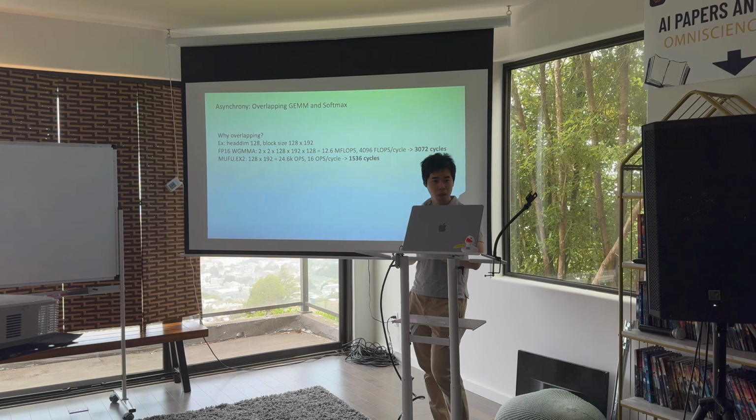Here's an example. I won't go into the details, but because the tensor cores are so fast, I think they can do around 4,000 operations per cycle per streaming multiprocessor, because these are specialized hardware units, essentially systolic arrays, to do matrix multiply.